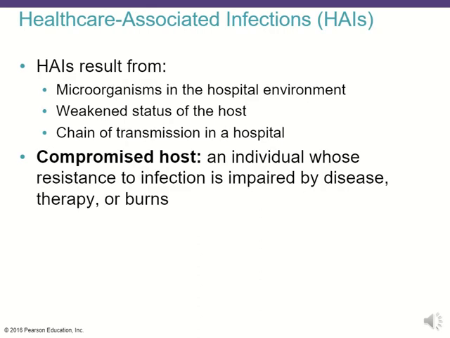Now, healthcare-associated infections can be caused by microorganisms in the hospital environment. They can occur because of the previously weakened status of the host, or they could result from a chain of transmission from personnel in the hospital, from one person to the next.